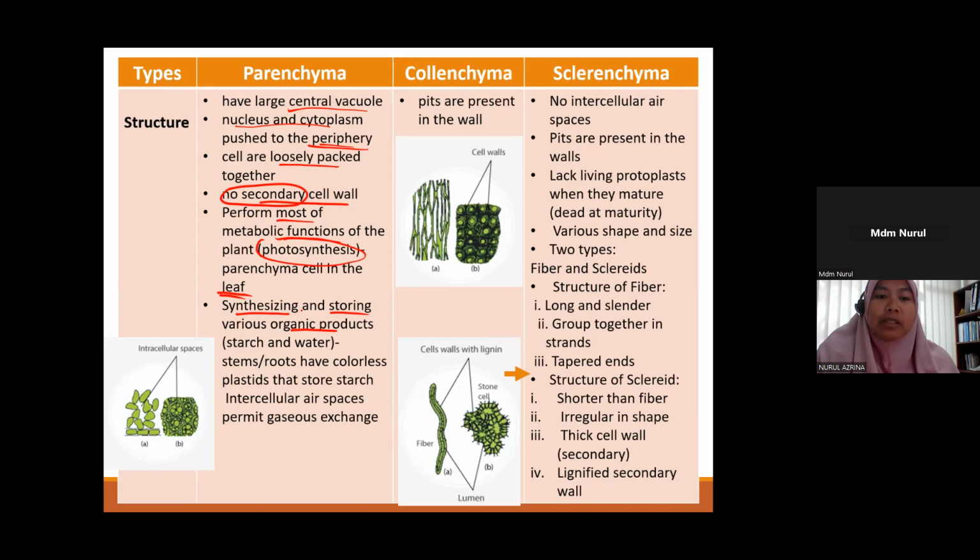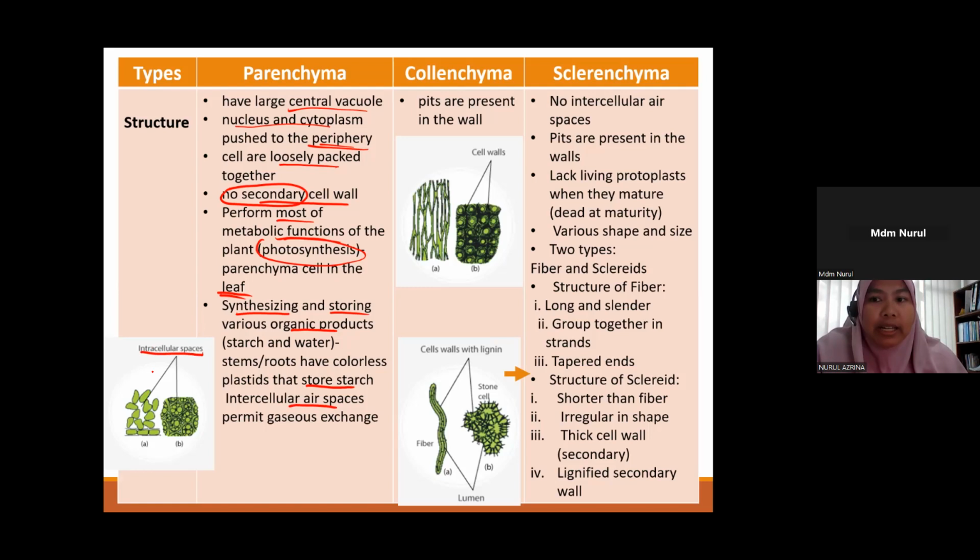For example, stem or root cells have colorless plastids used to store starch. Plus, it has intercellular air spaces between the cells that permit gas exchange. That is for parenchyma.